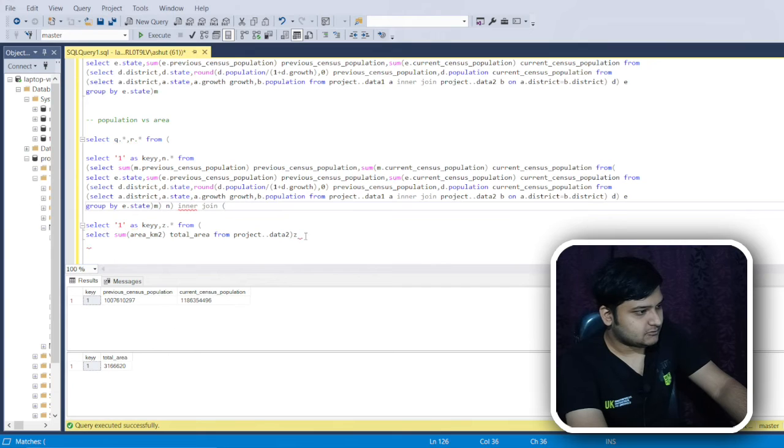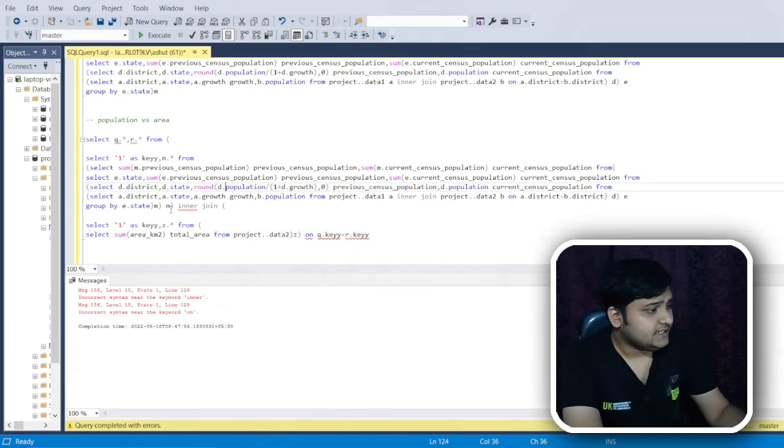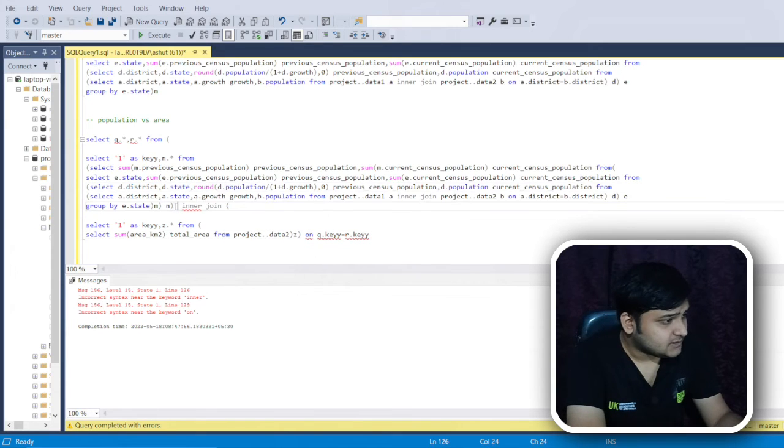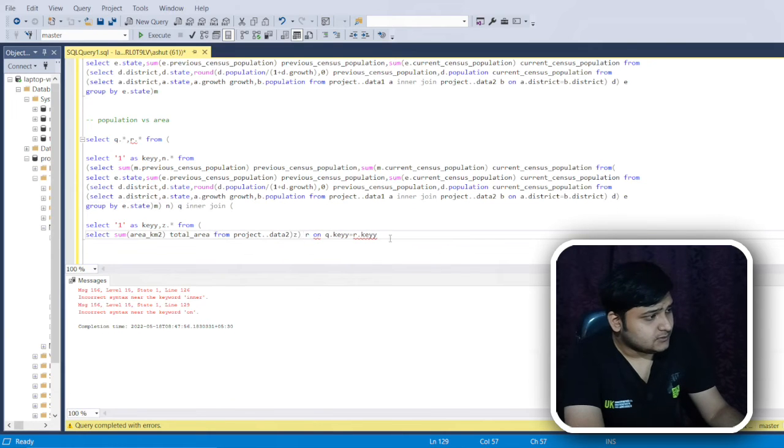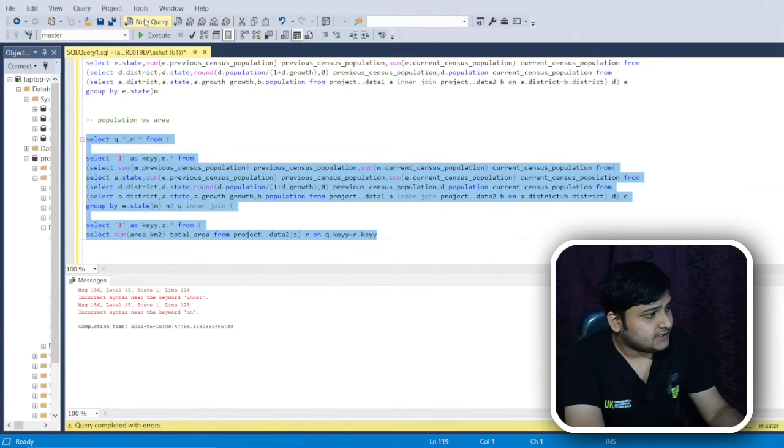I would join this query on q dot key is equal to r dot key. That way we need to provide the table name as well. So it would be q and this would be r. So let us run the code once again.